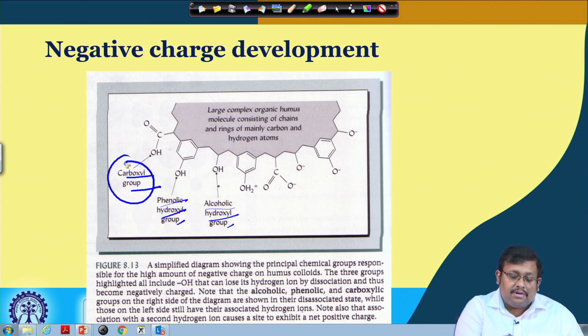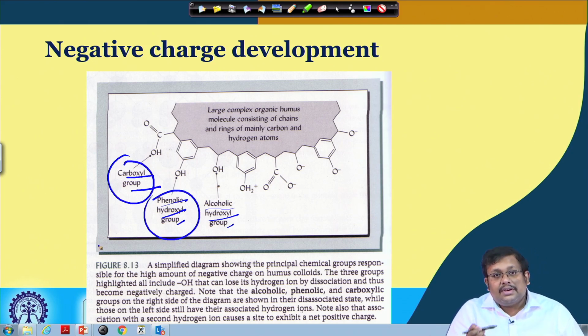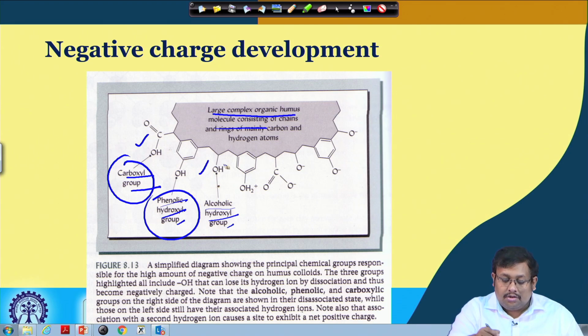Among these, carboxyl groups and phenolic hydroxyl groups are more prevalent. You can see that this is basically a large complex organic humus molecule consisting of chains and rings of mainly carbon and hydrogen atoms, and this is a simplified diagram showing different types of chemical groups which are responsible for a high amount of negative charge.